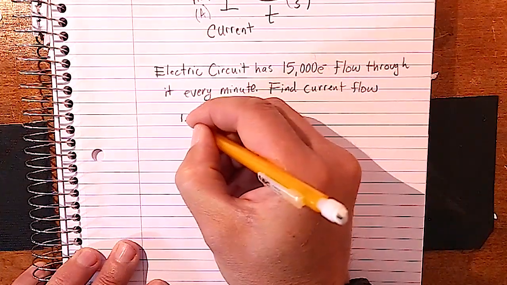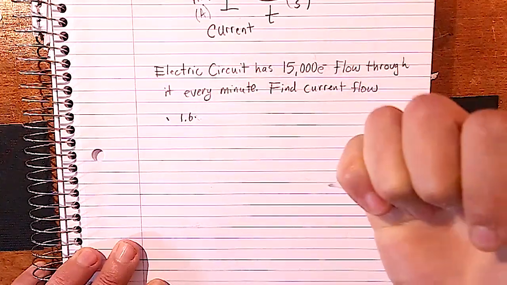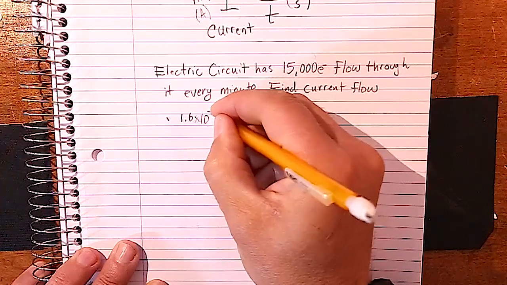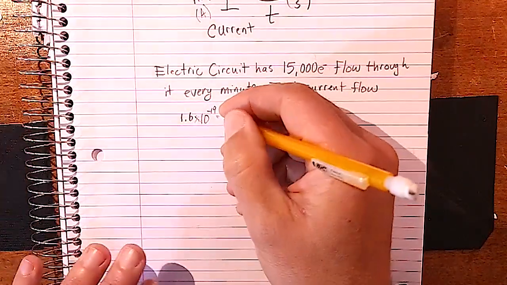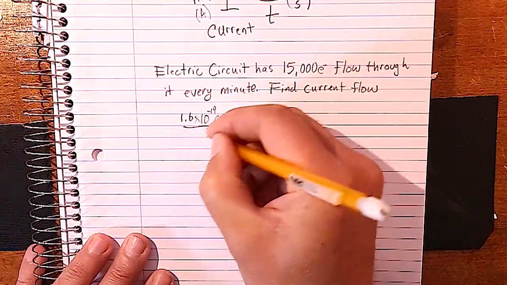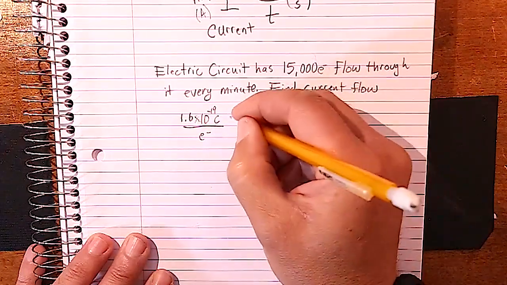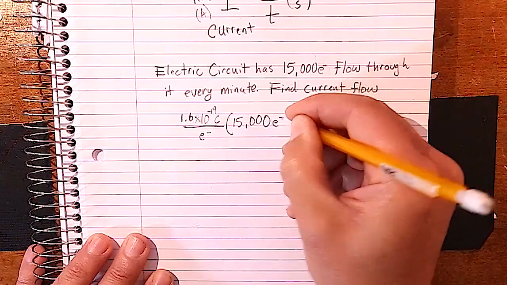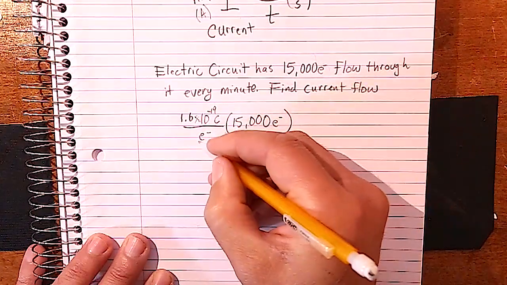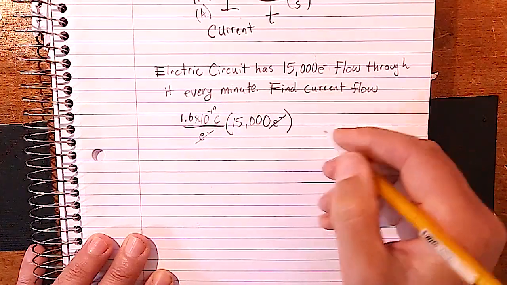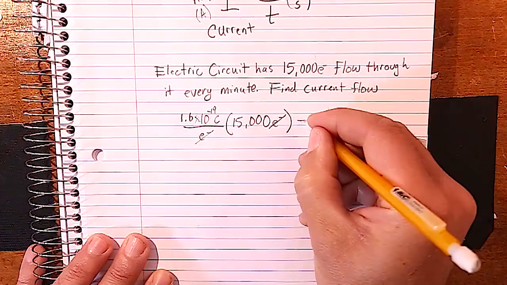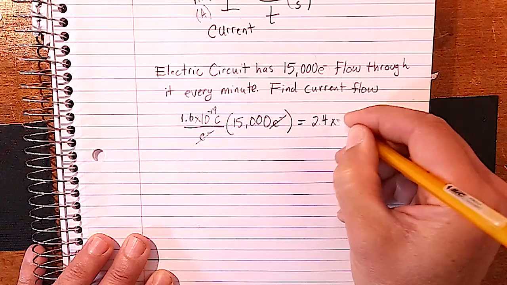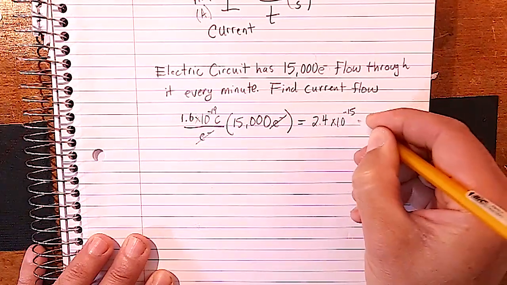So we know that there's 1.6 times 10 to the minus 19th coulombs for every electron. And we know that we have 15,000 electrons. So if we set it up like this, electrons will cancel and we'll be left with coulombs. And that comes out to 2.4 times 10 to the minus 15th coulombs.